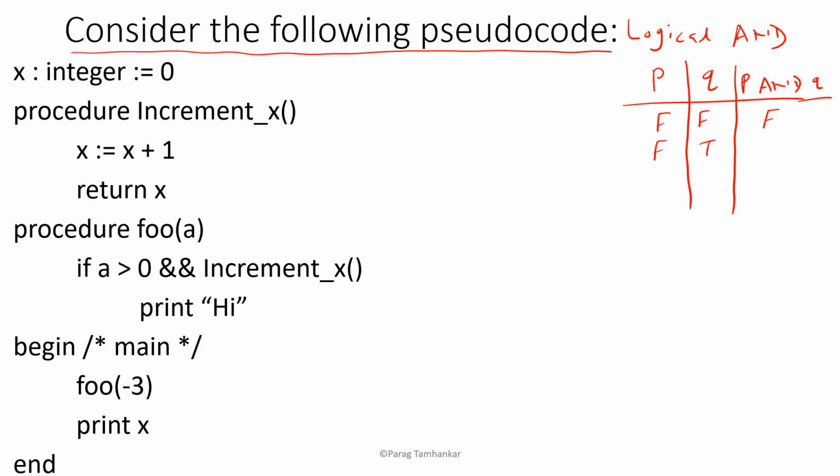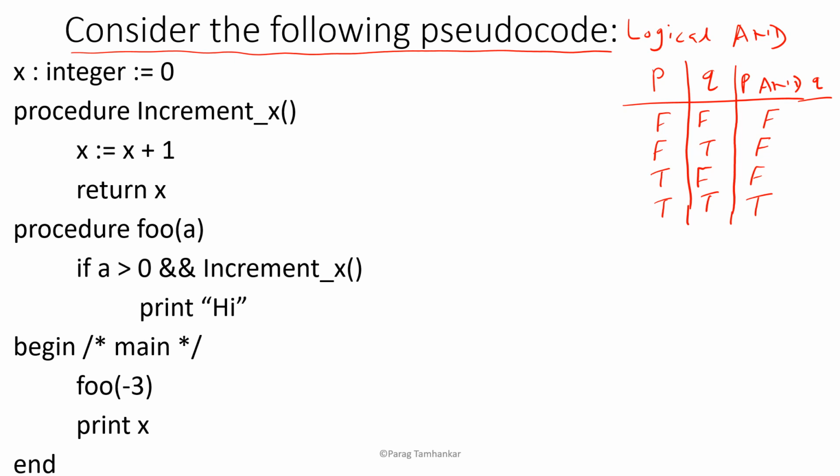If one of them is true, still the result is false. The entire expression evaluates to true only when both the parts of the condition are true. So true and true will only evaluate to true.